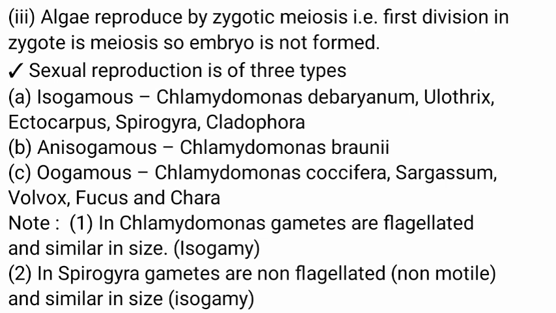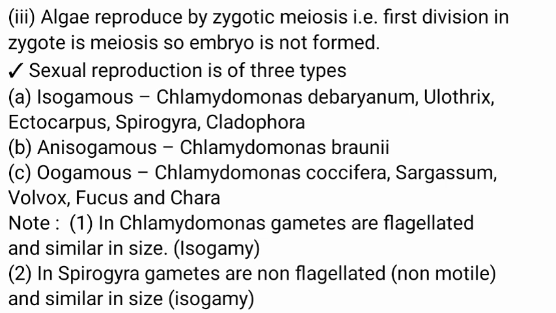Sexual reproduction is of three types: isogamous, seen in Chlamydomonas, Ulothrix, Ectocarpus, Spirogyra, Cladophora. Anisogamous, Chlamydomonas braunii. Oogamous, Chlamydomonas coccifera, Sargassum, Volvox, Fucus, and Chara.